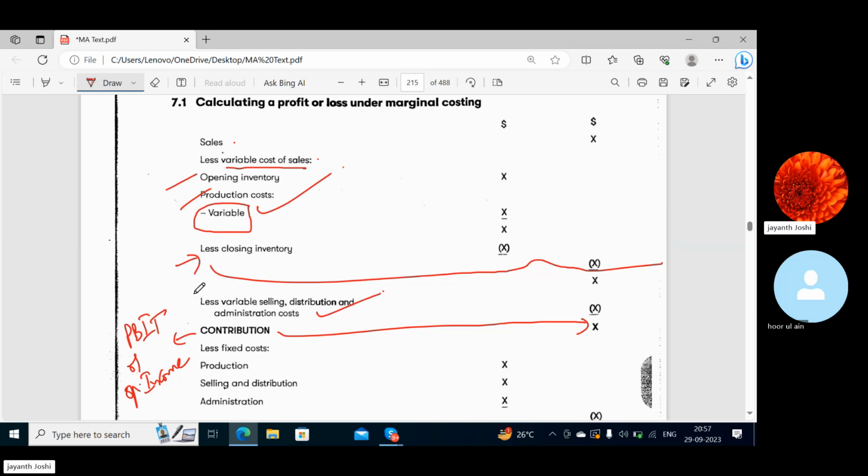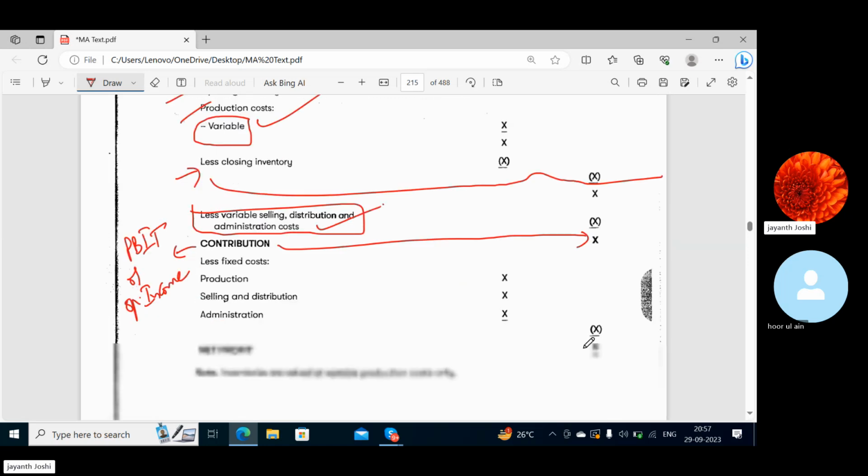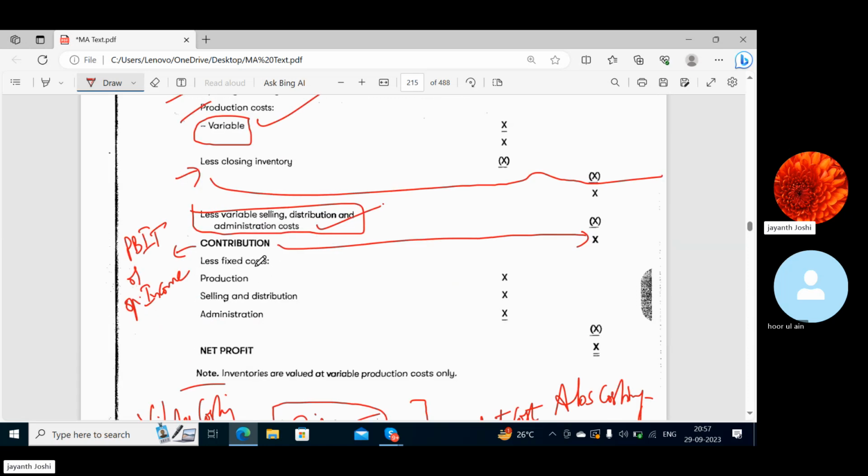That will be taken under the profit and loss account as a normal expense. Okay, so you got contribution, then again less any kind of fixed cost related to anything. This is marginal costing, I'm telling you.